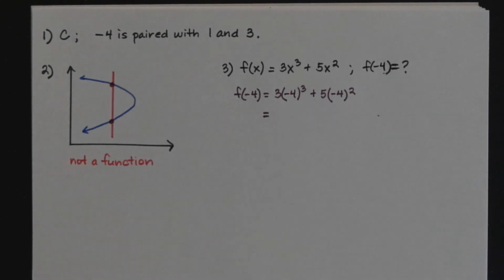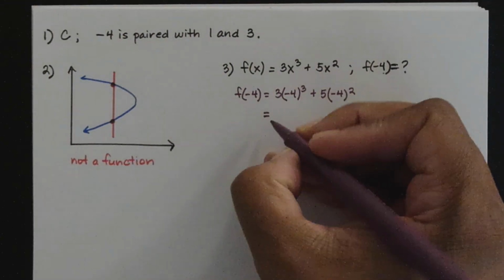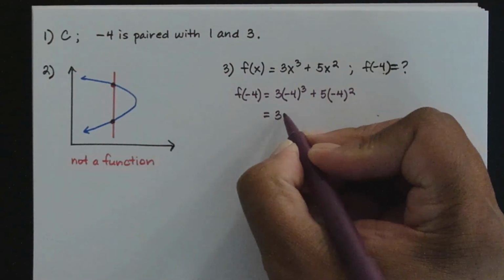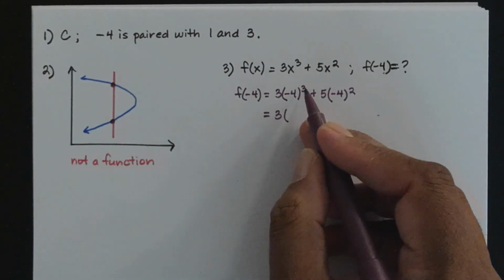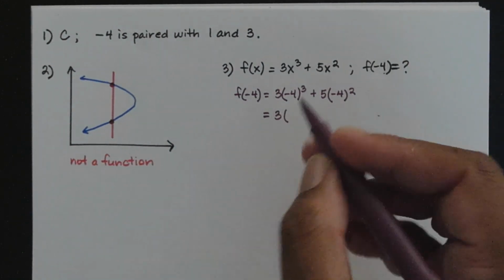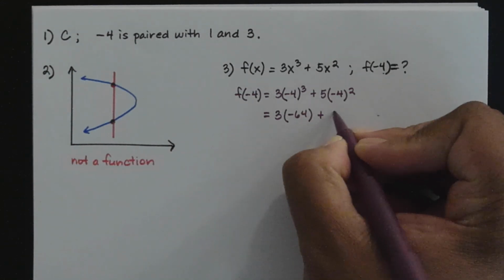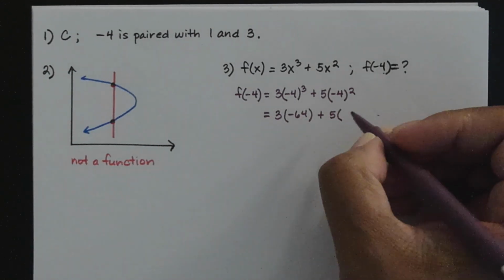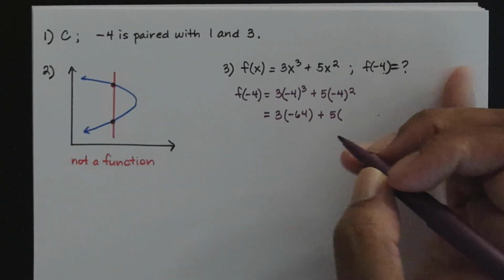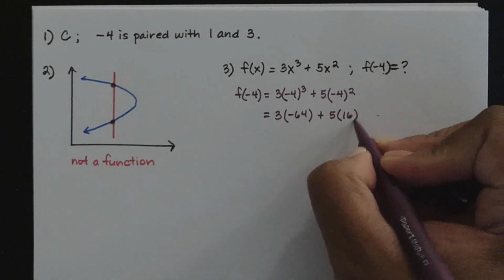Okay, so, bring down the 3. If I cube a -4, that's going to be -64. I'm going to bring this 5 down. If I square that -4, that's going to be 16.